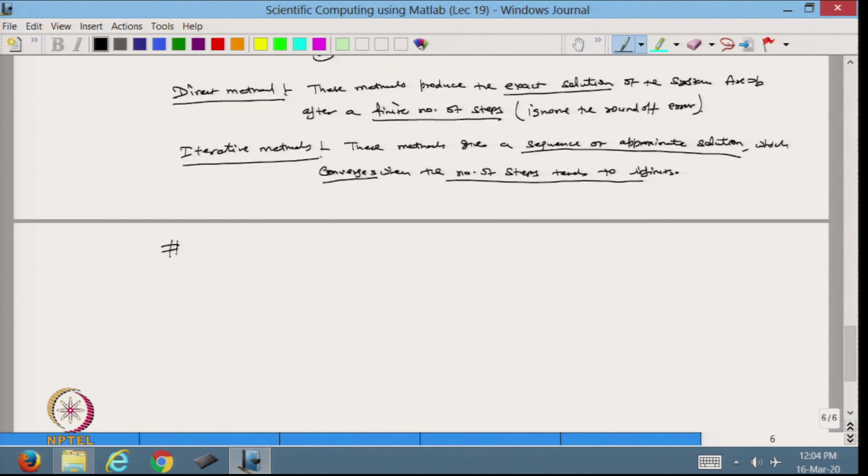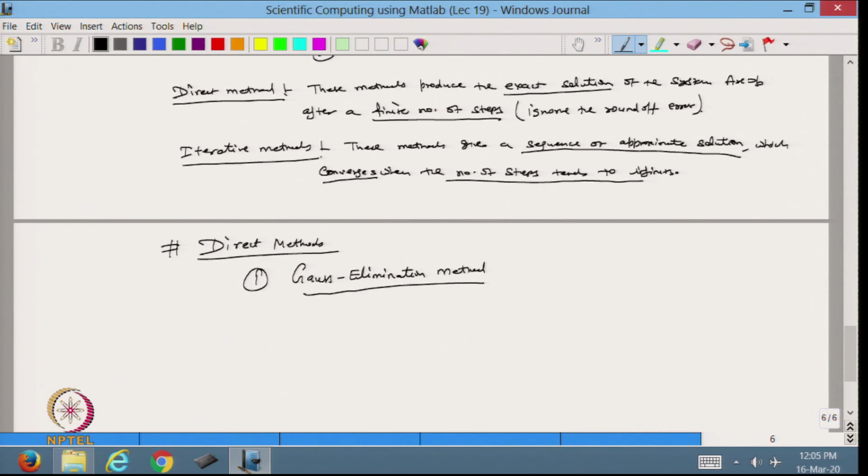So, let us start with the first one, the direct methods. The first one we are dealing with here is the Gauss elimination method.